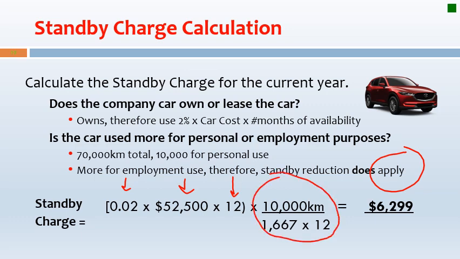This is done by taking the number of personal kilometers, 10,000, over this prescribed multiplier of 1,667 times the number of months the car was available during the year. In this case, it was 12. When we do all the math here, we come up with an amount for the standby charge of $6,299.